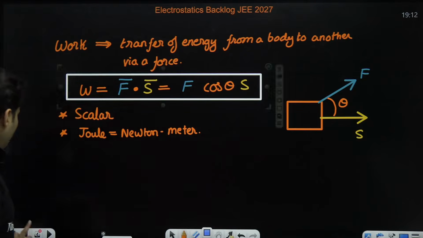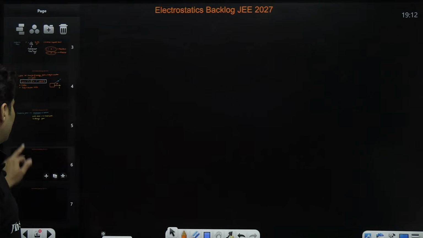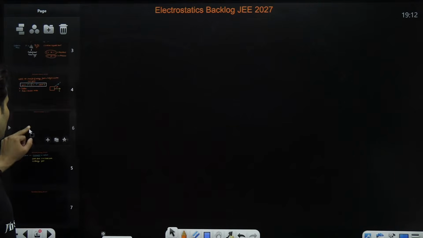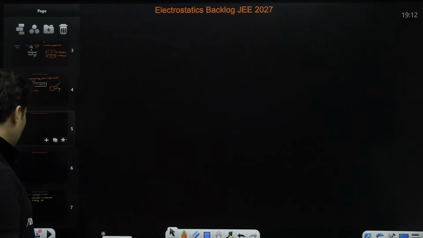Now, if by chance our force is not constant, then I cannot use this particular relationship.